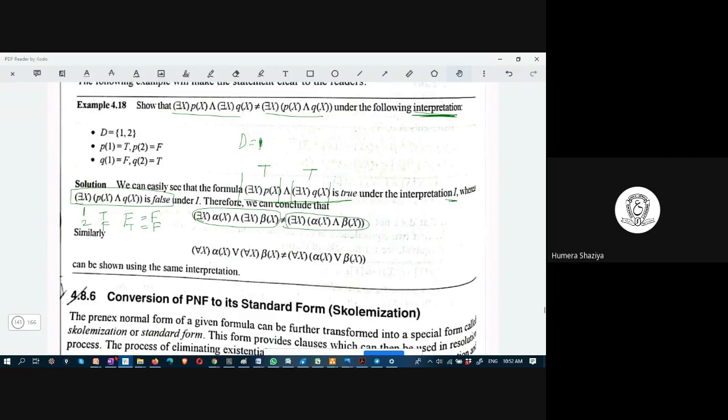Please substitute the values and check whether we could satisfy this formula under a particular interpretation. Take values 1, substitute and see.